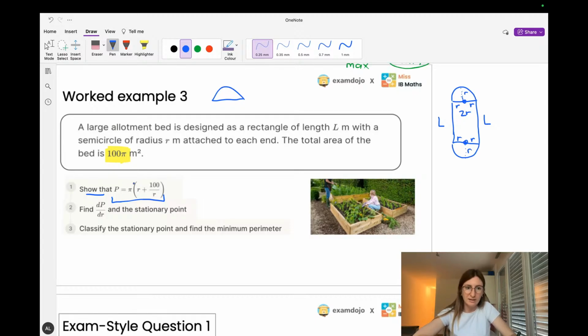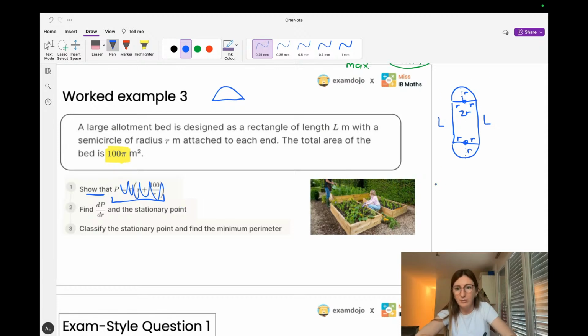I've showed you it looks like that. But you cannot use this. You can't rearrange this. You can't make it look like it. You must just pretend like they didn't even show it to you. You do your calculations, and then hopefully at the end, it looks like that, or you can rearrange or simplify to make it look like that. But essentially what they want is perimeter. So I'm just going to ignore that whole horrible looking thing and find the perimeter of the shape.